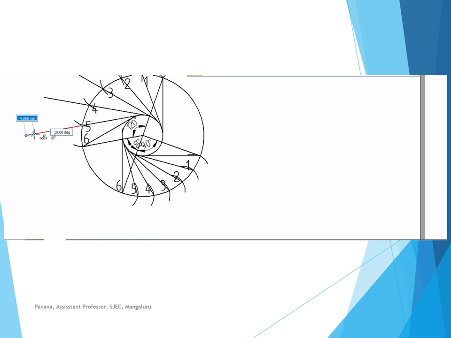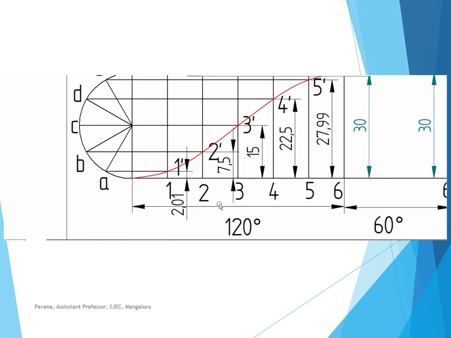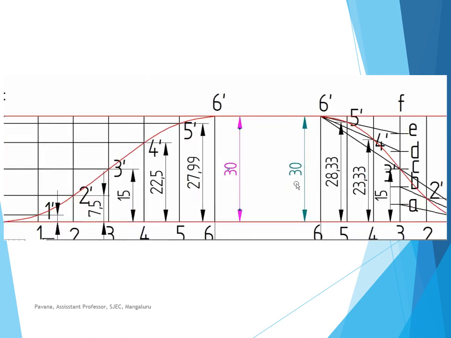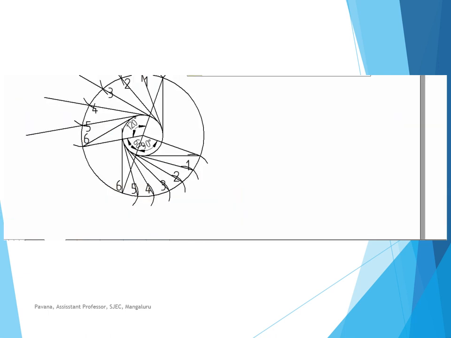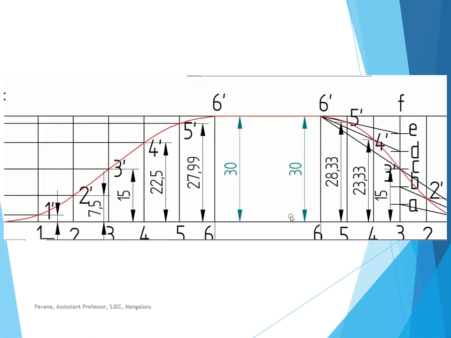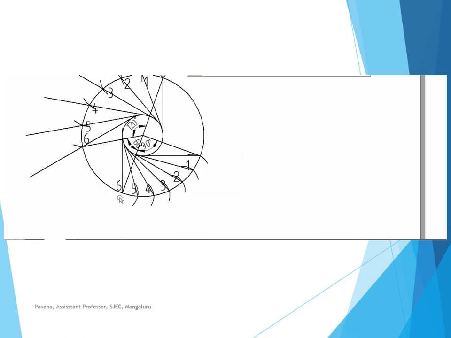Next, 6 dash is 30. See that the tangent line is extended, not the other line. Again, next section, the 90-degree section, in that 6th point, see that the tangent line is extended, 30.